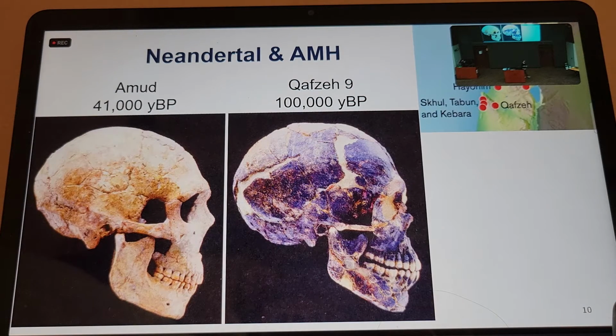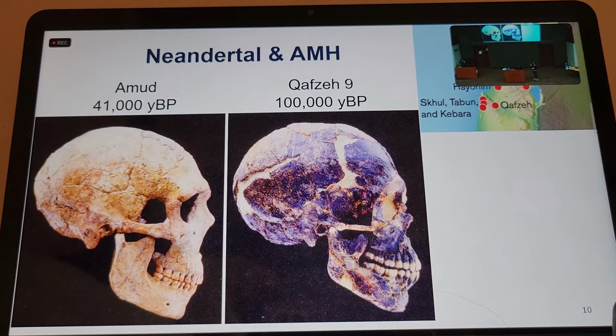Here is a comparison of a Neanderthal and an anatomically modern human from sites very close together. So we have Qafzeh 9 shown here on the right that I've already showed you, an anatomically modern human from Israel, and Amud from Jordan.